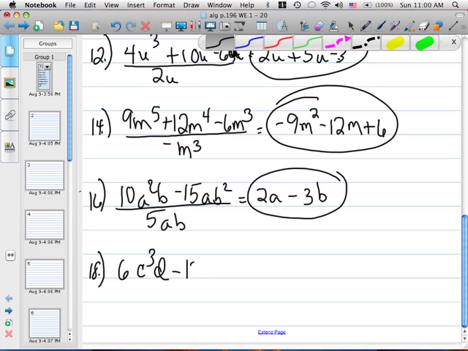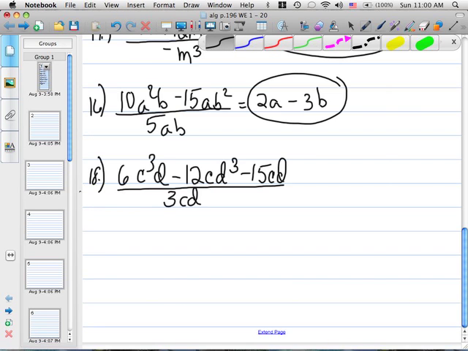Number 18, 6c cubed d minus 12c d cubed minus 15cd divided by 3cd. I'm going to do this underneath because I'm going to run out of room. You probably are too. 3 goes into 6, 2.